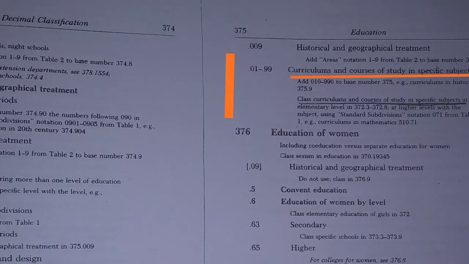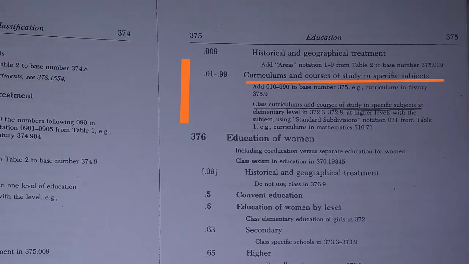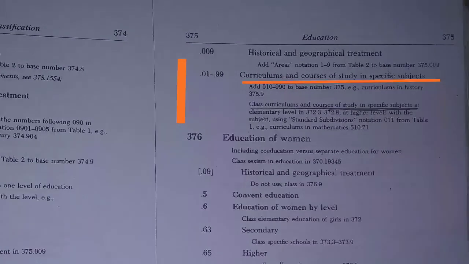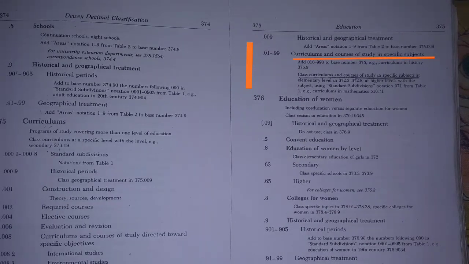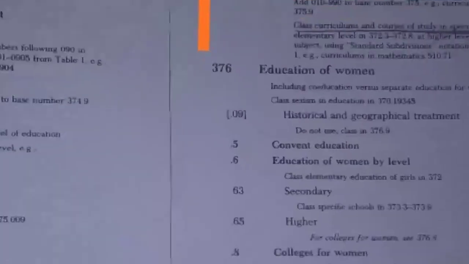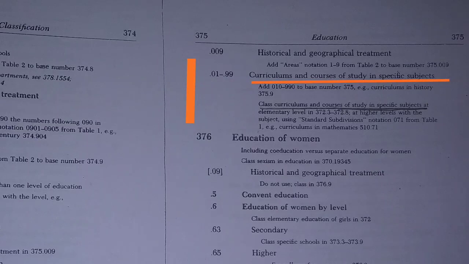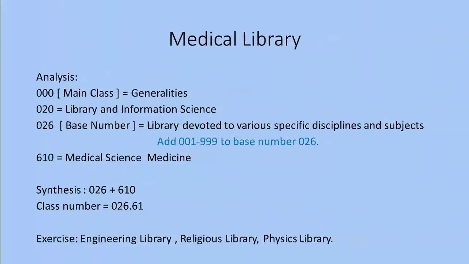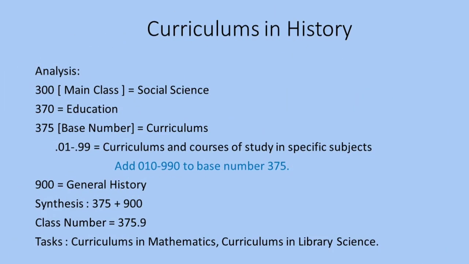So I have taken this notation for the curriculum and course of study in specific subject, okay. And after that I have added the number for history, okay. Here the 375 is for curriculum, and 375.01 dash 375.99 equals curriculum and courses of study in specific subject.